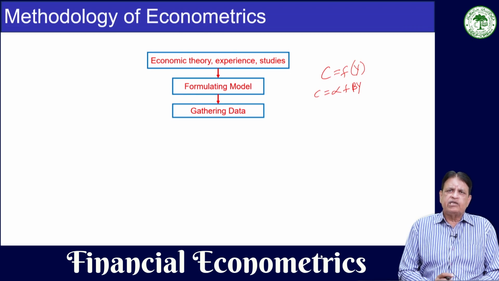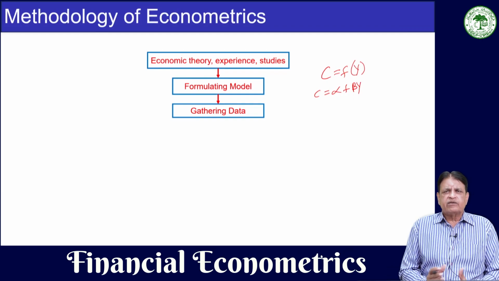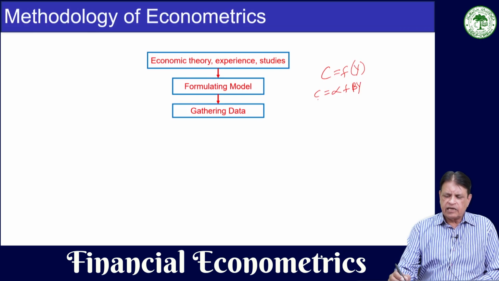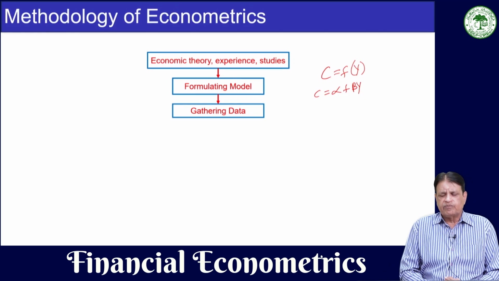Moreover, if you have made a wrong specification, there is always a chance to correct it in the light of the results that we are going to obtain. So that is the first thing, that you have to specify the exact functional form. That is, the linear relationship between consumption and income is the exact functional form that we have specified.